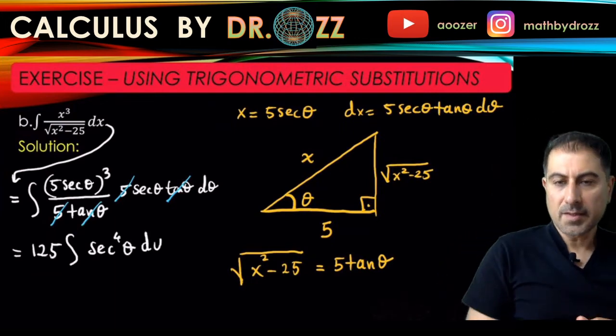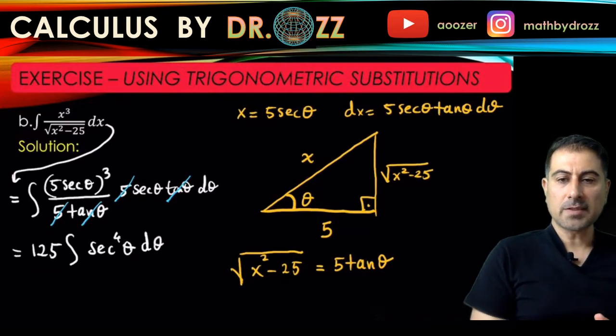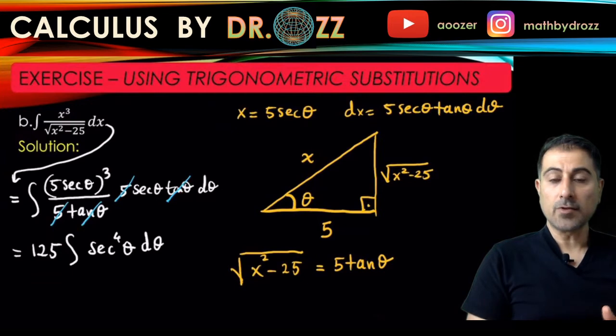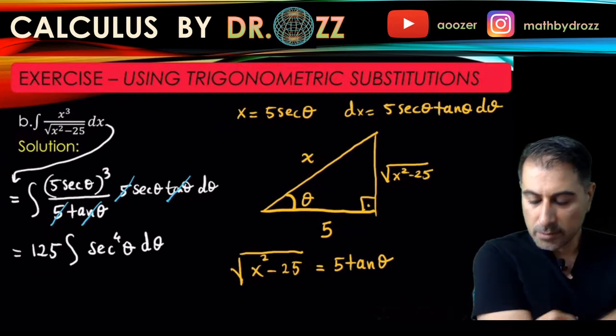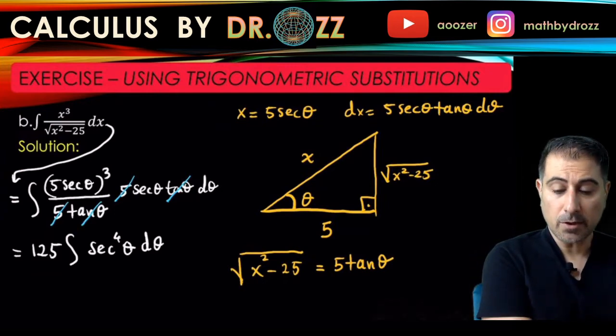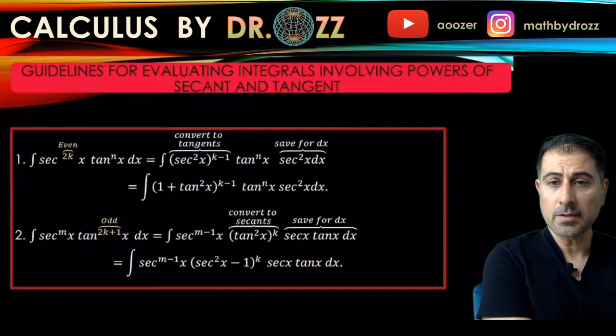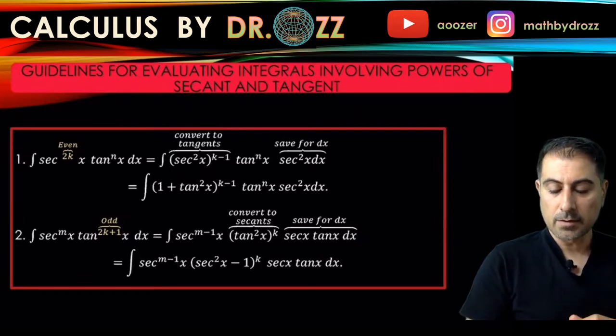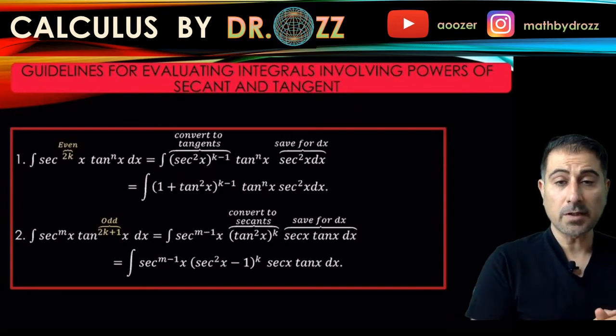Okay. This takes us back to the previous section that we went over, the integrals involving powers of secant and tangent. So I want to remind you of this table here, or guidelines if you want. You have an even power of secant and odd power of tan, and we had the rule, the guidelines to decide how we can convert that integral to something that we can integrate.